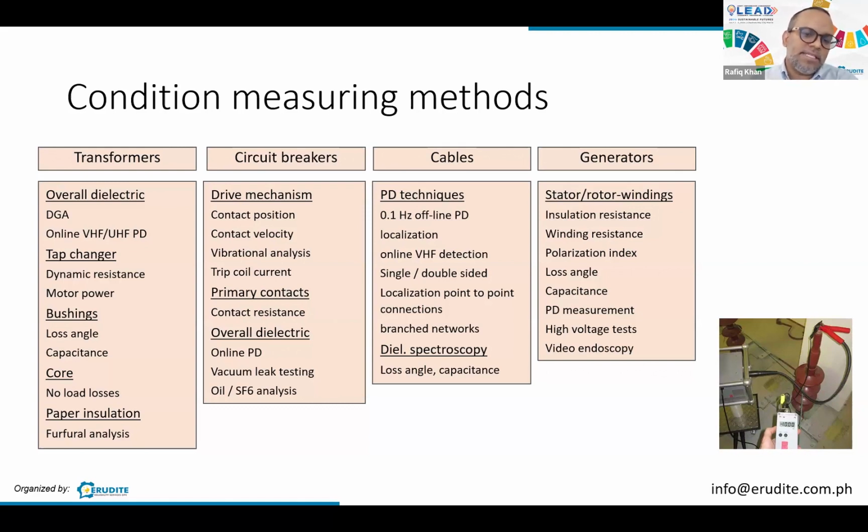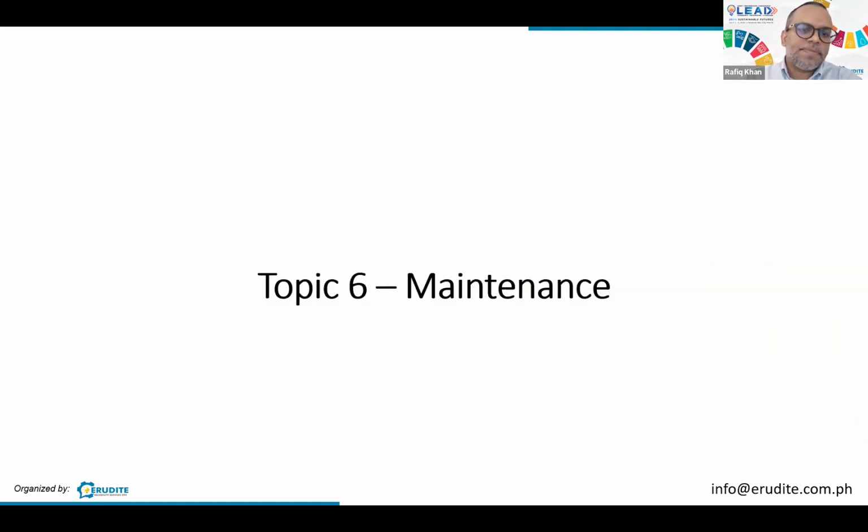What's the contact resistance? Is it becoming worse over time, or has it remained static over the years? Overall, dielectric test, PD, vacuum leak test, oil analysis, SF6 analysis. These are a list of tests. We can touch on this specifically later on if you are interested. But just know that there are some tests that we can carry out for condition assessment.